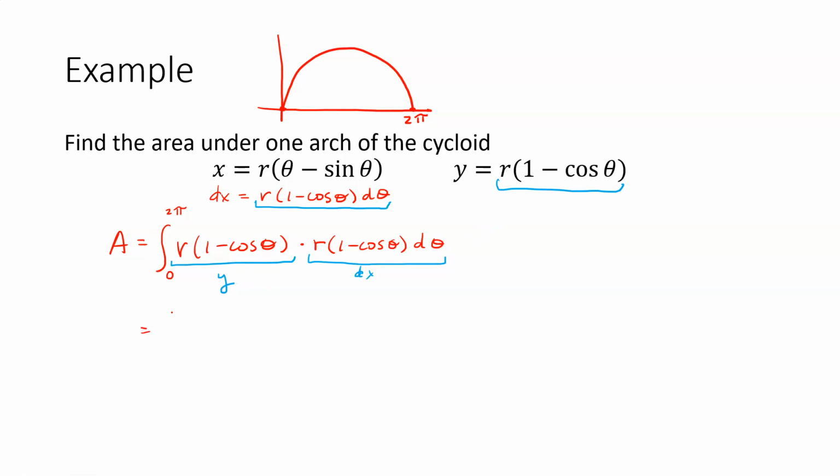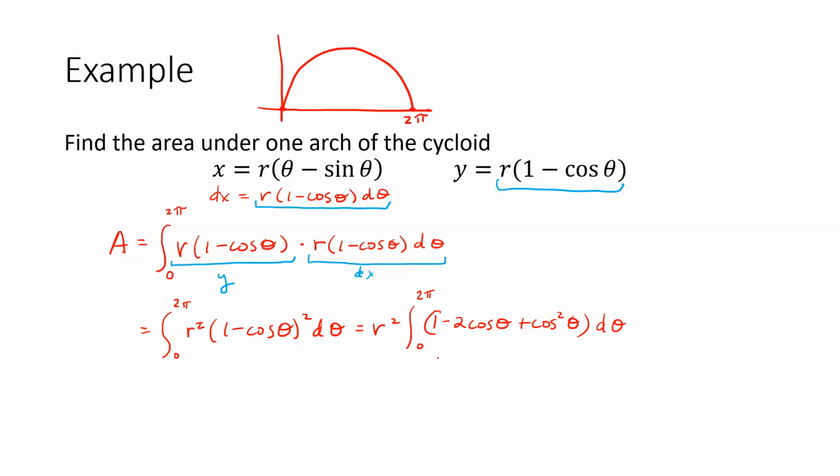Okay, so this is going to be the integral from 0 to 2 pi of r squared (1 minus cosine theta) squared. We can FOIL out the expression 1 minus cosine theta squared. So it'll be 1 minus 2 cosine theta plus cosine squared.